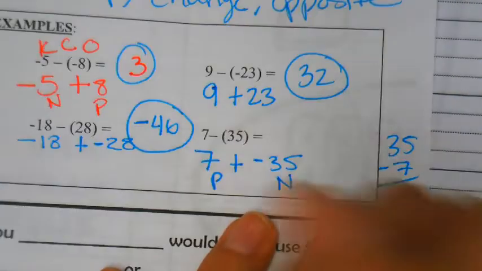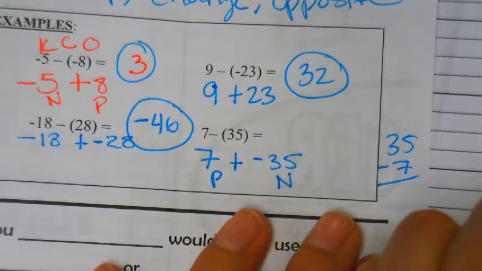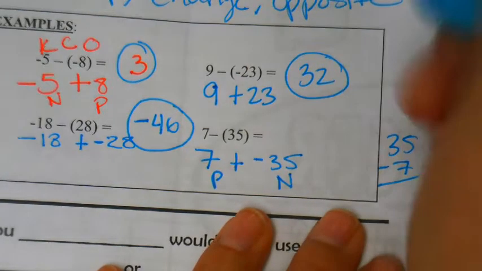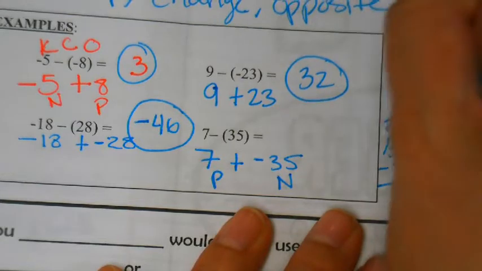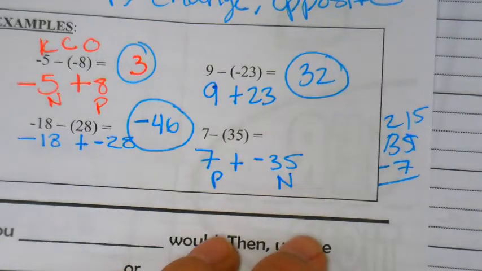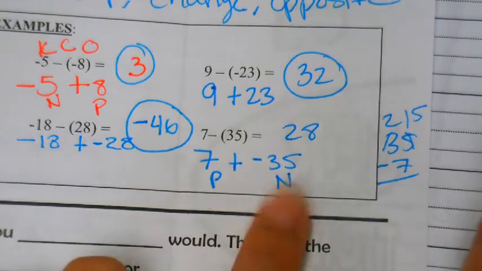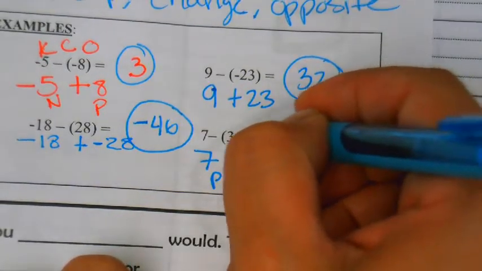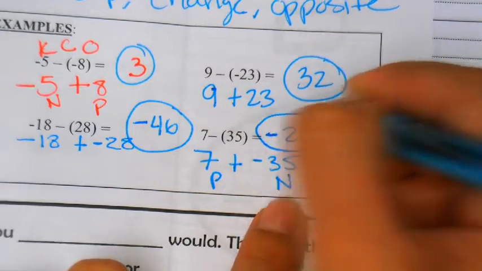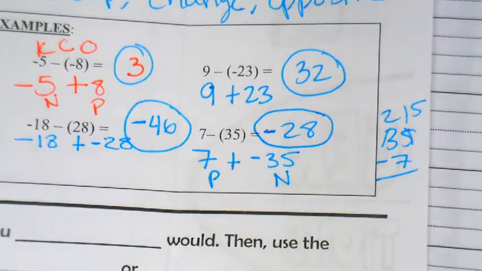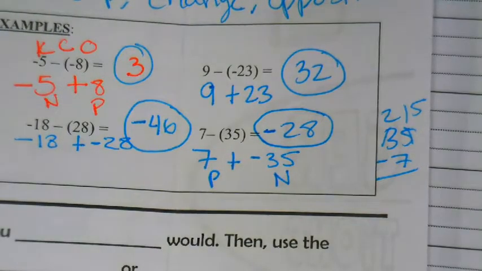Put the one with the most on the top. Borrow. And we get 28. Go back and look at the problem. Do you have more positives or negatives? Negative, so don't forget to go back and place a negative. So there's a lot of things you have to do, right? It's not super, oh my gosh, this is so hard. It's just hard because there are so many steps.